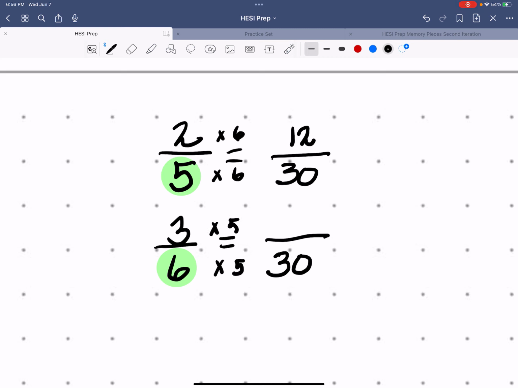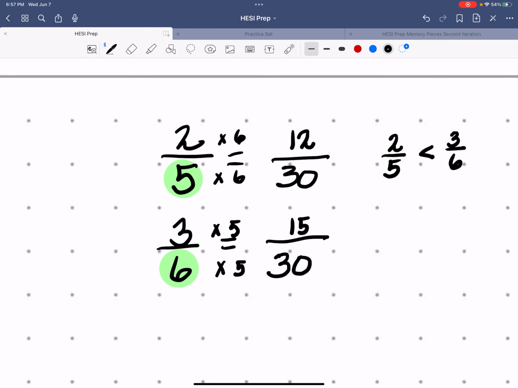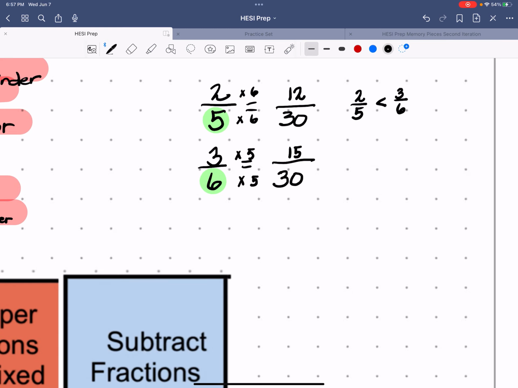That 5 on the top, 3 times 5 is 15. So we could say that 2/5 is less than 3/6. Okay. So that's one way you can get the common denominator.